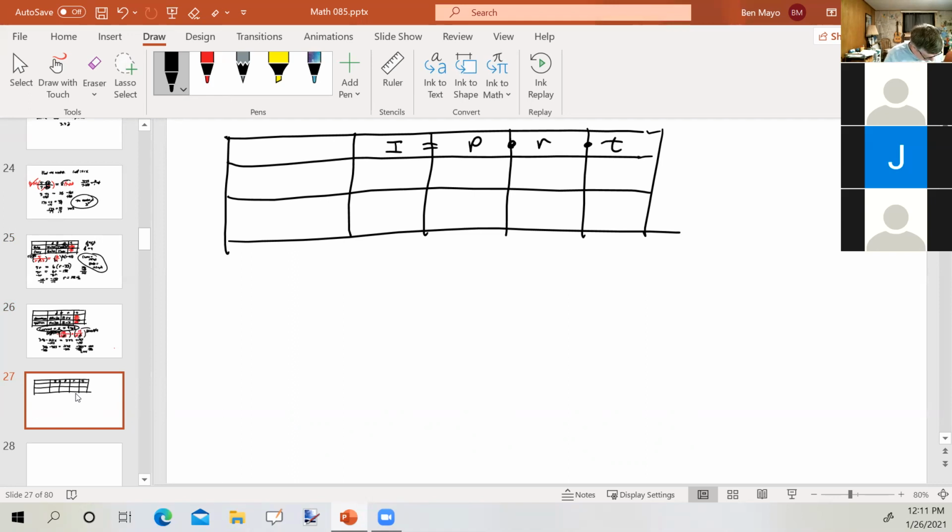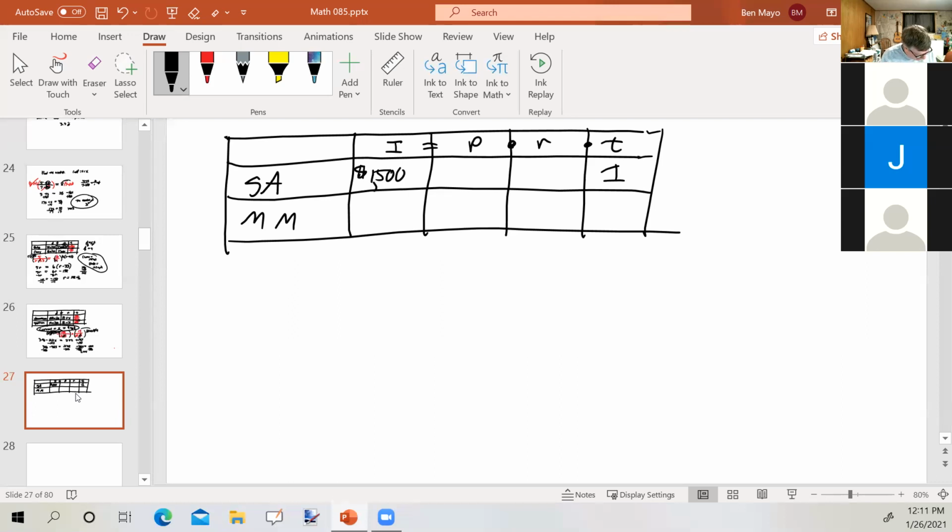So we've got a savings account and a mini mall. It says an amount of money invested for 1 year in a savings account, so the time is 1 year, will earn $1,500.